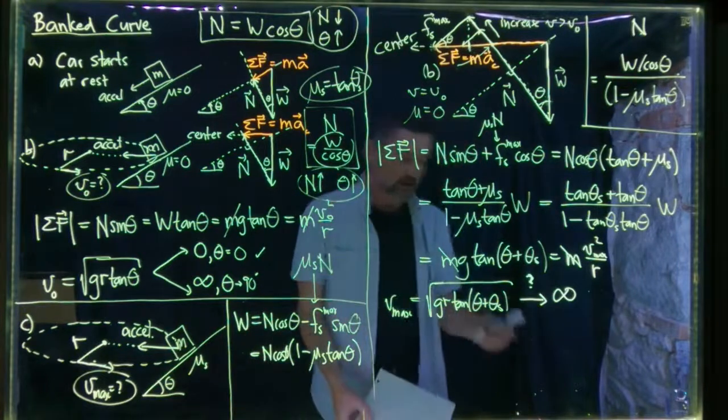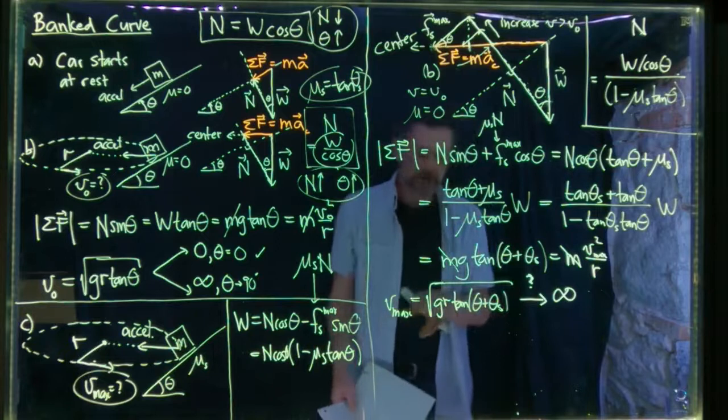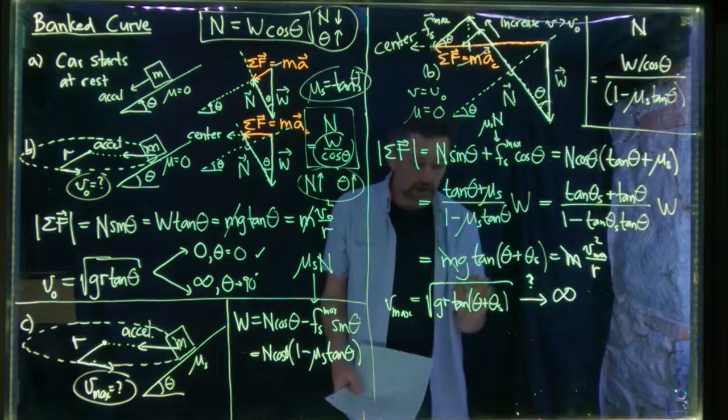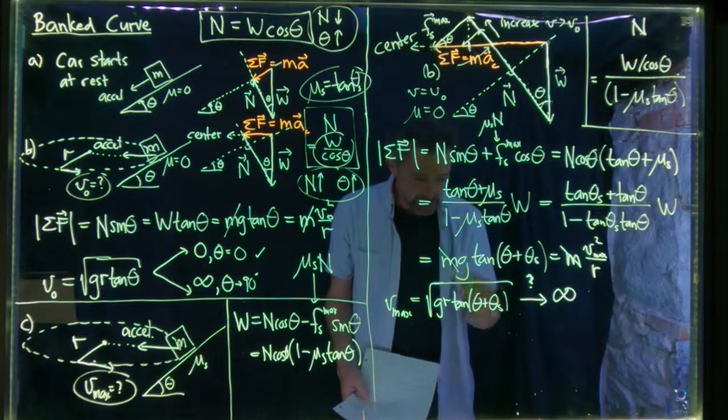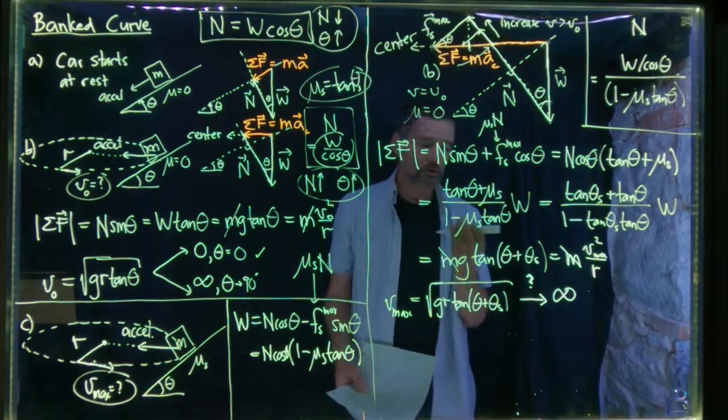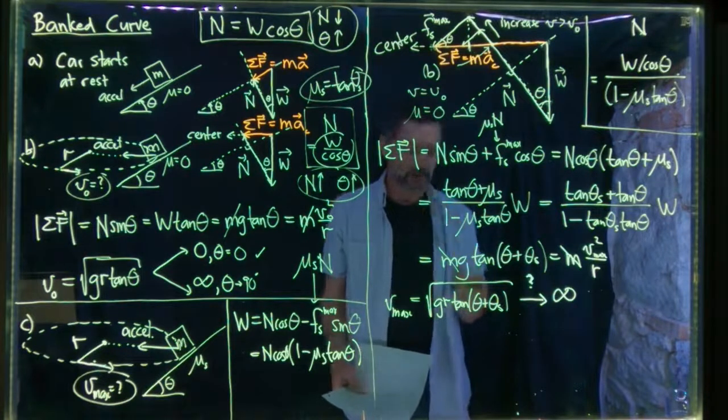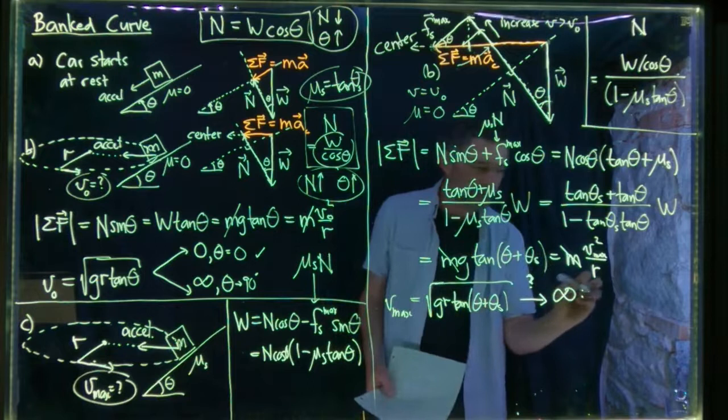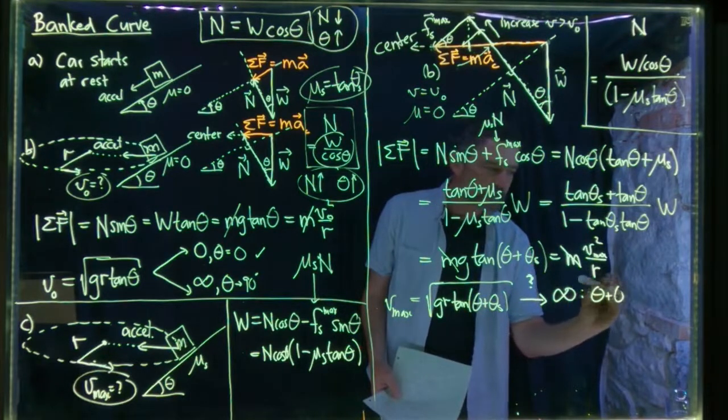Again, the math is telling us here that Vmax will become infinite when tan of this angle becomes infinite. Well, when it's 90 degrees, the slope is infinite, okay? So that happens when theta plus theta s is equal to 90 degrees.